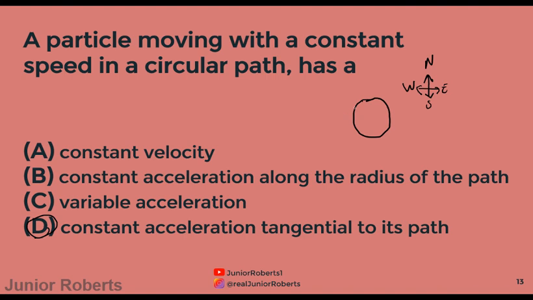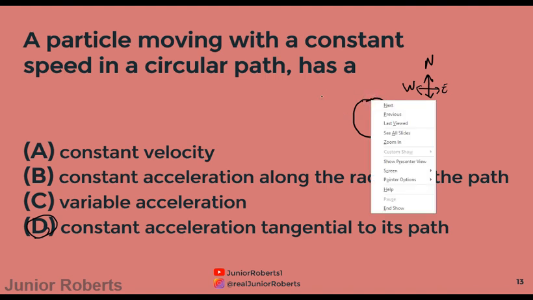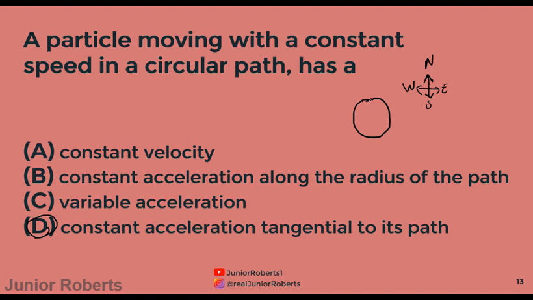Let us say the object is right here, and it is moving in a clockwise direction, like that. When the object is at X, it will be moving towards the west. It will want to go towards the west, so its direction will be towards the west.